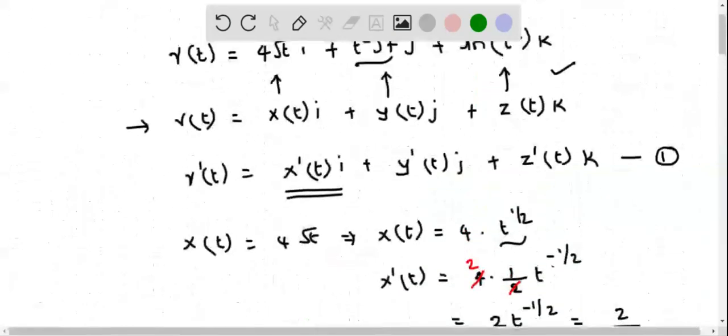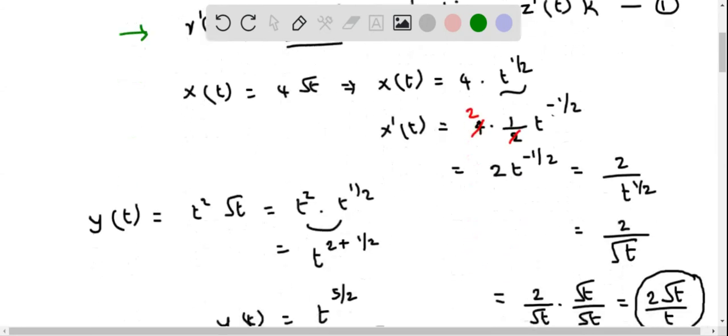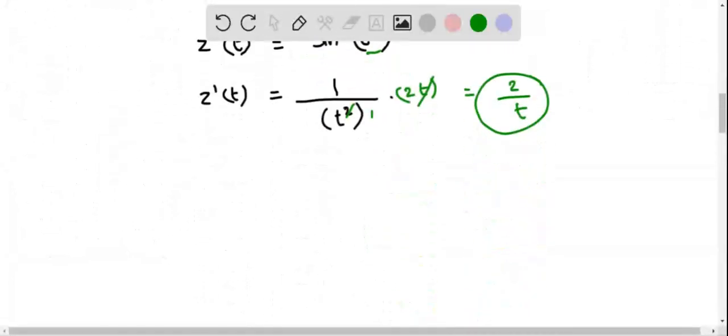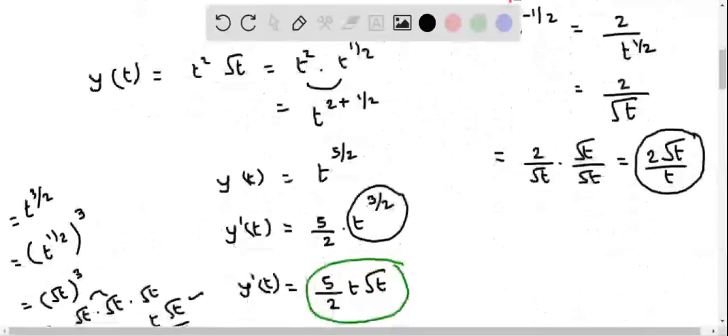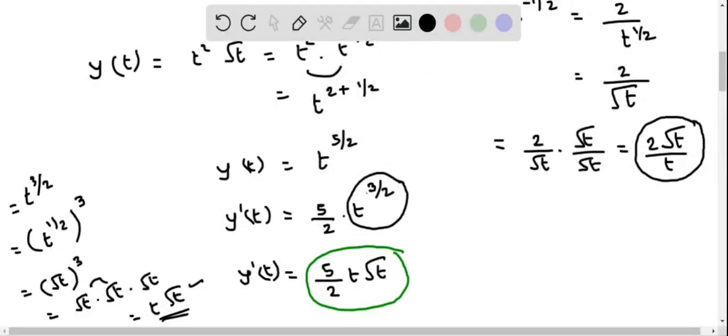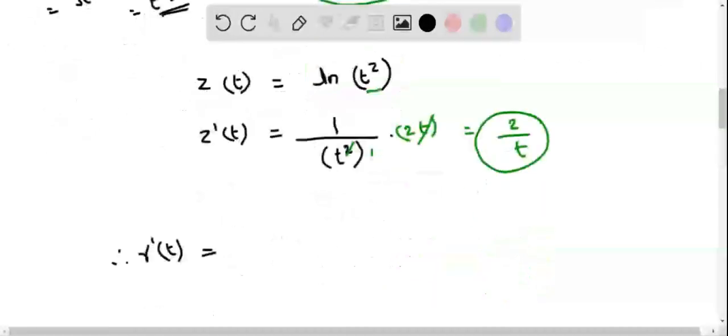And this means we can find r prime of t by replacing x prime of t, y prime of t, and z prime of t. So let's write the r prime of t. Therefore, r prime of t equals x prime of t times i. X prime of t is 2 root t divided by t.